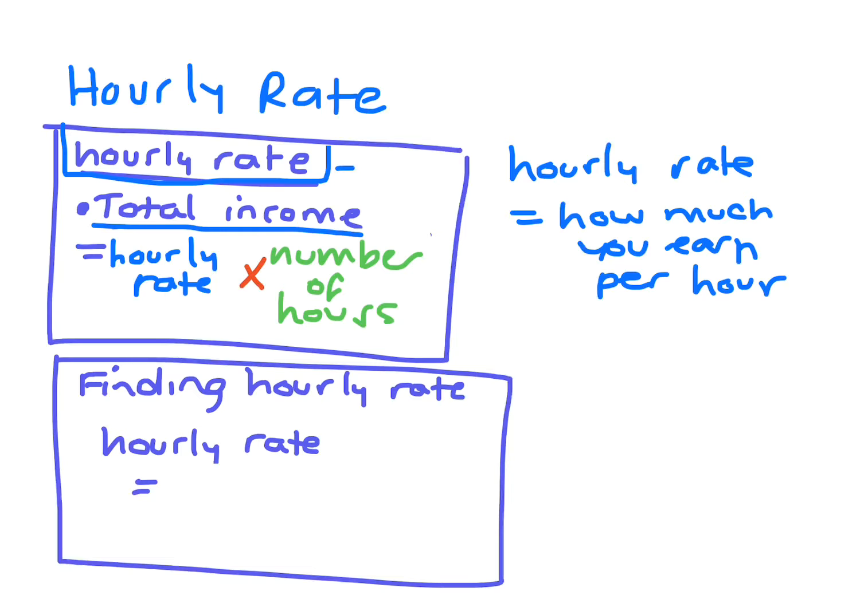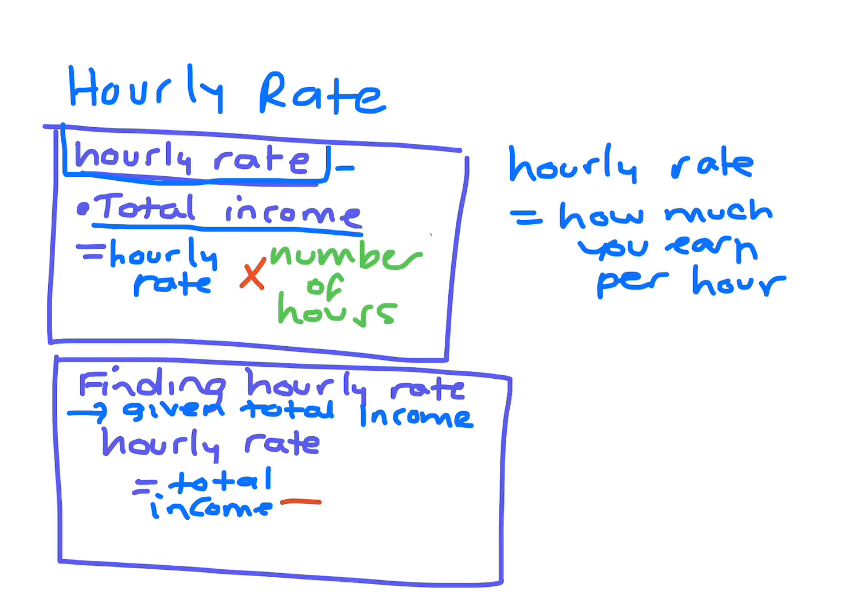So finding the actual hourly rate, this is if you're given your total income. Given your total income, your hourly rate would be your total income, and you'd need to know the total number of hours. So you then have to divide it by the total number of hours.